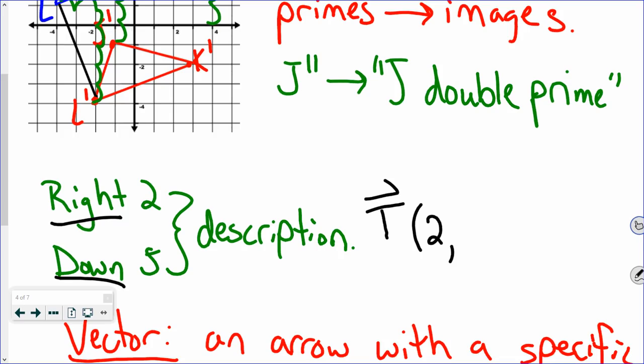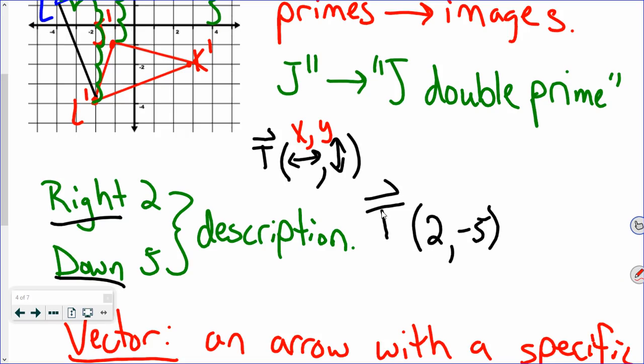Down 5, down is in the negative direction, so this would be 2, comma, negative 5. So we always write our vector as T with a half arrow. We put the left and right first, and we put the up and down second, just like how we'd write a point, X, comma, Y, same idea.